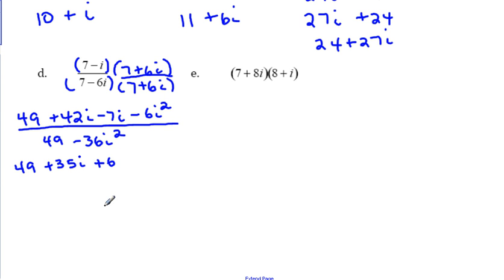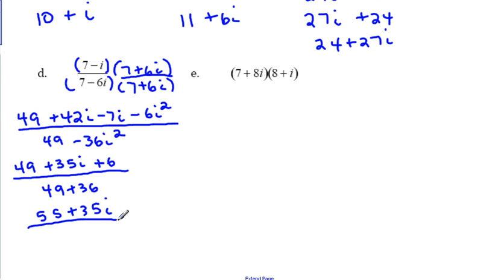It changes the sign of the number in front of it. So the same thing's going to happen here. Minus 36i squared becomes plus 36, and I have 49 plus 36. So now let's collect those. My numerator, 49 plus 6 is 55, plus 35i, and 49 plus 36 is 85.